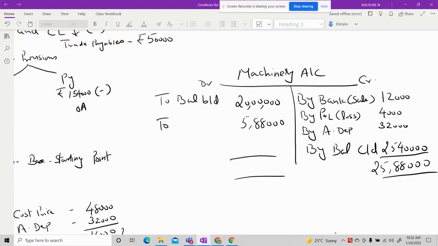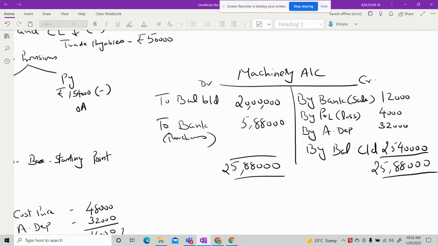This is nothing but the purchases. So it will be recorded as to bank, and within a bracket you can write purchases, and it's a balancing figure. Any doubt up to this stage? So to bank, purchases, and then make both the sides equal, 25 lakhs and 88,000.